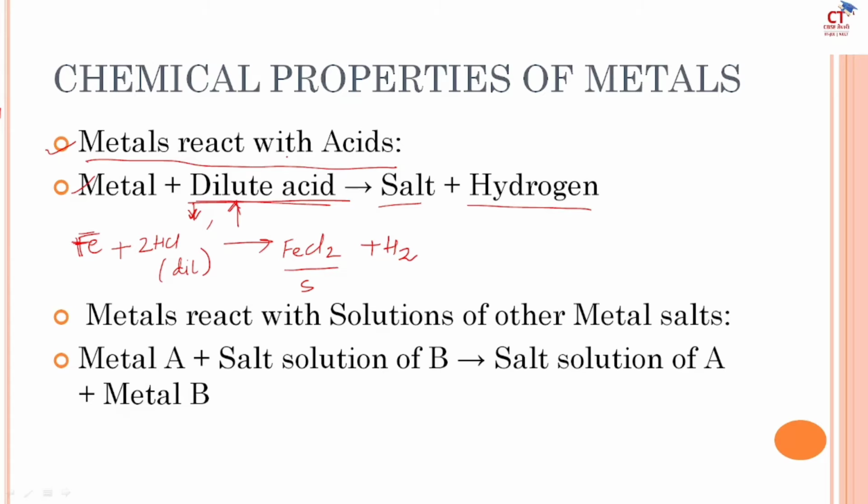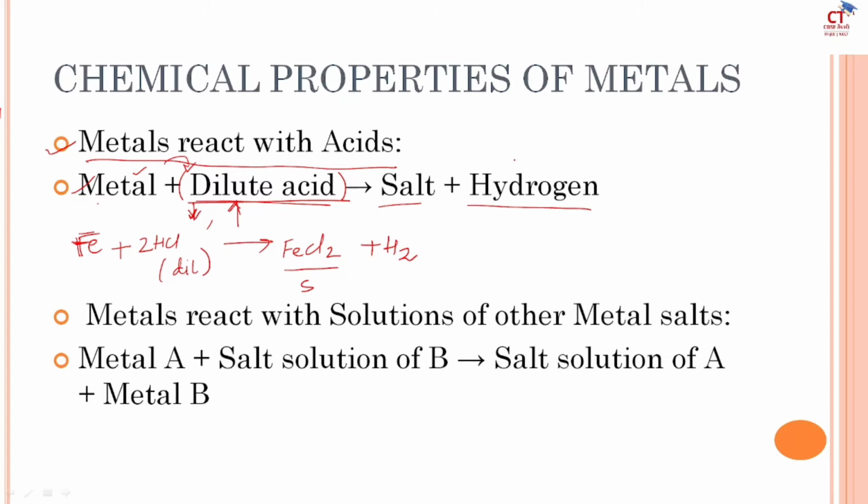So how metal reacts with acid? When metals react, we have to do it with dilute acid, because metals when reacted with concentrated acid, there is a highly exothermic reaction, and we know in an exothermic reaction there is a release of high amount of heat.